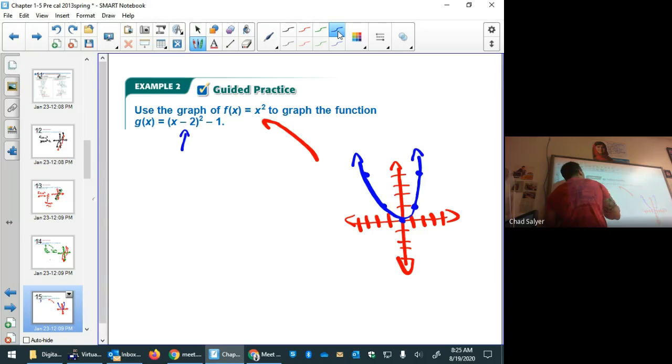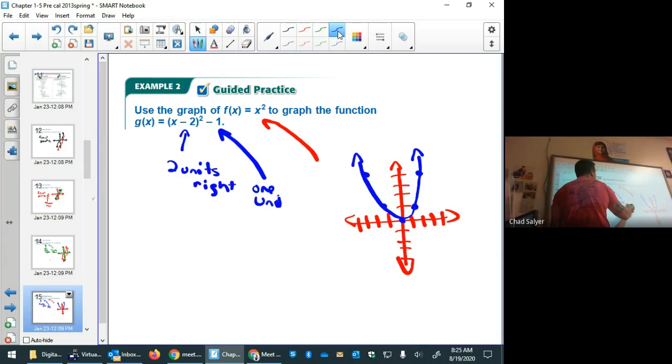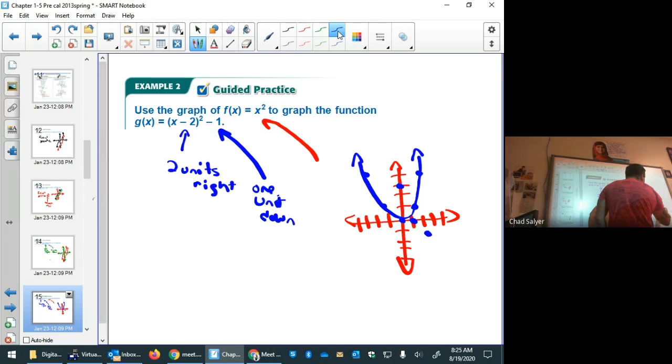Now here, we're going to go 2 units right, and then 1 unit down. So I take these points and I go 2 units to the right and 1 unit down. 2 to the right and 1 down.